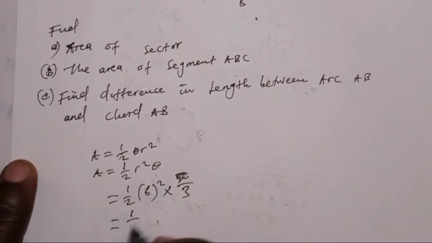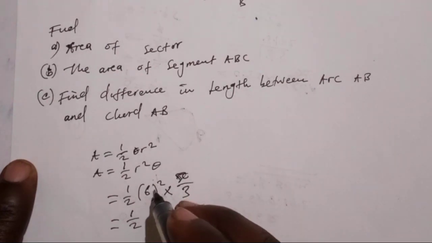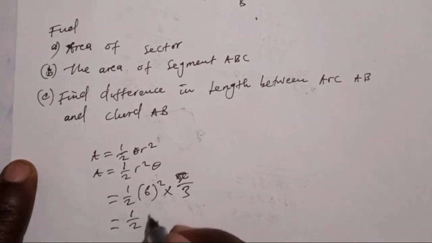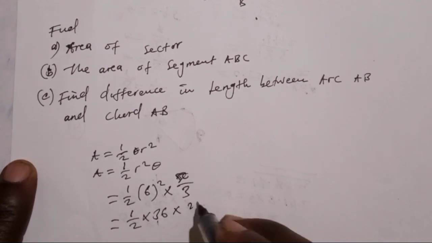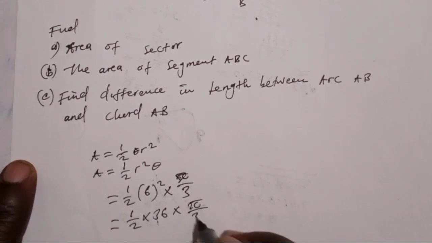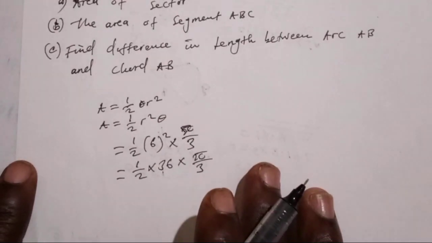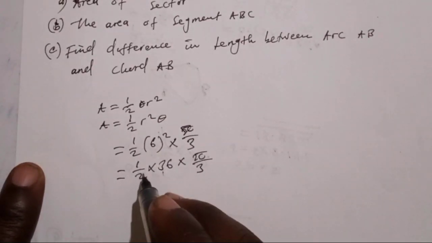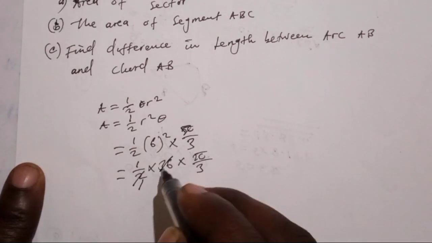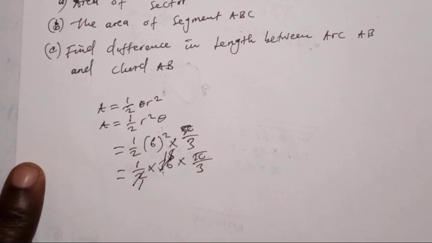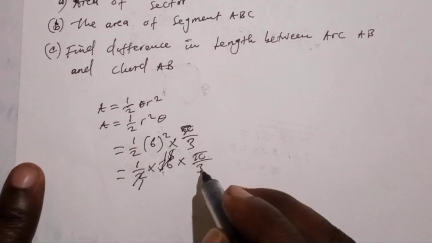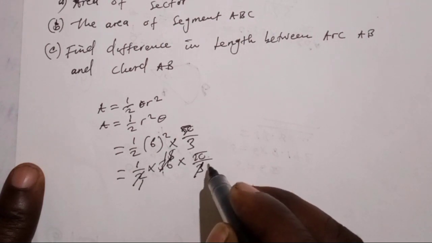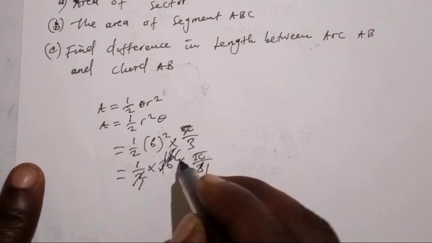Then it will be half, this is 36, multiplied by pi over 3, in which it will be 2 into 2 into 36, which is 18. Then 3 into 3, which is 1, 3 into 18, which is 6.